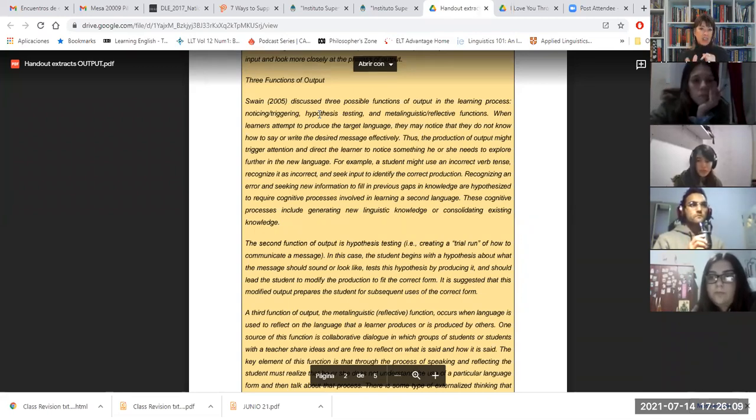And then hypothesis testing is, okay, if I know that the past simple of paint is painted because it finishes in -ed, and then, I don't know, now I'm thinking of all irregular verbs, but imagine, right, that they've been working with regular verbs, and so they know, right, they construct meaning and say, okay, if I said paint, painted.